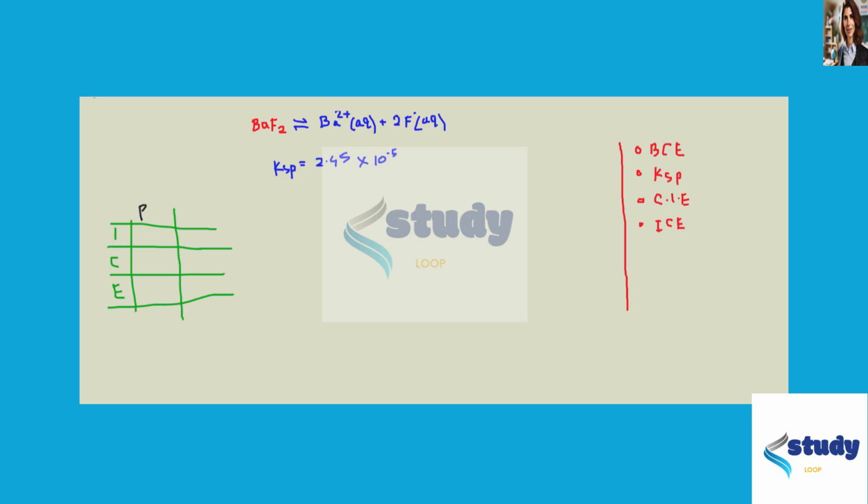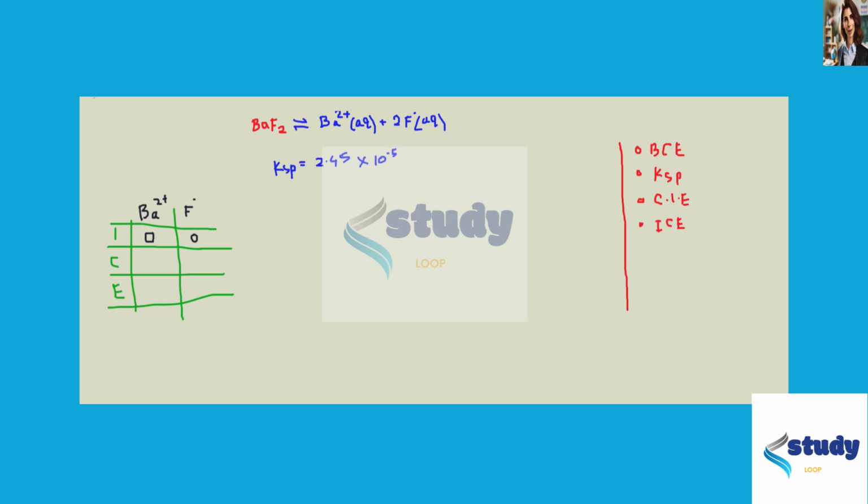Here it should be barium 2 plus, and here it should be our fluoride. I stands for initial. Before any reaction, what is the concentration of barium ion here? It is 0, right? So we will put 0 here, and the same is true for fluoride as well. So fluoride is 0.